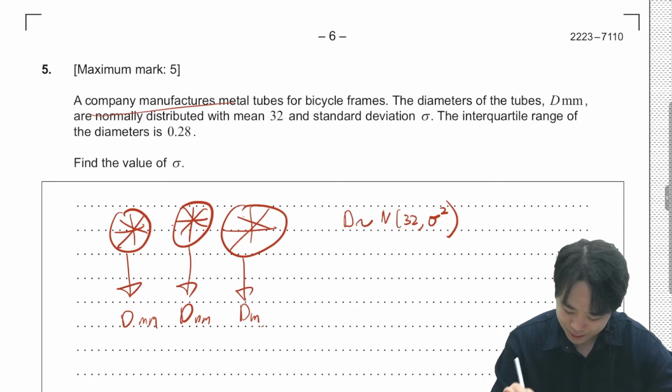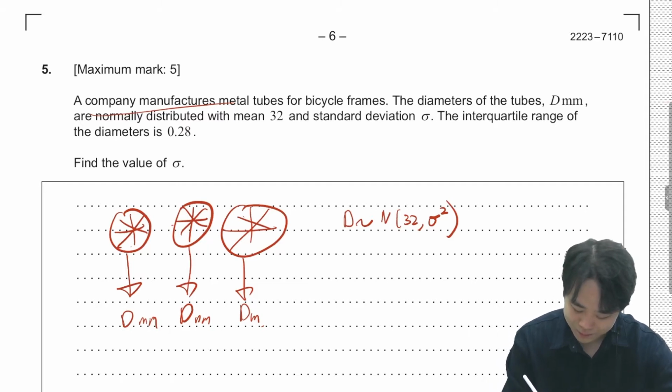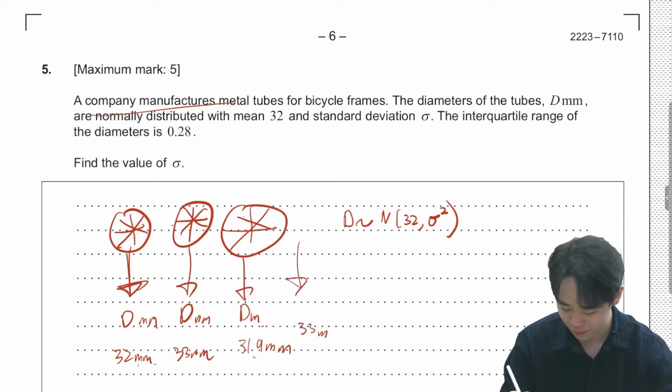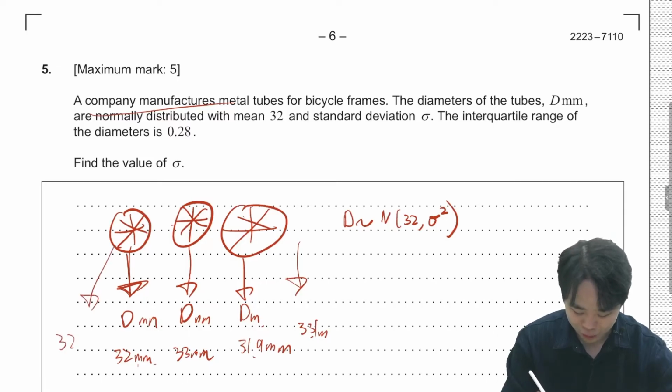So what this is saying is that sometimes the bicycle frame might have a diameter of 32 millimeters. Other times it might have 33 millimeters, other times 31.9, other times 33.1, or 32.4 millimeters.